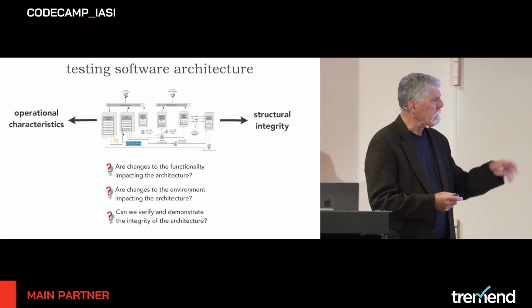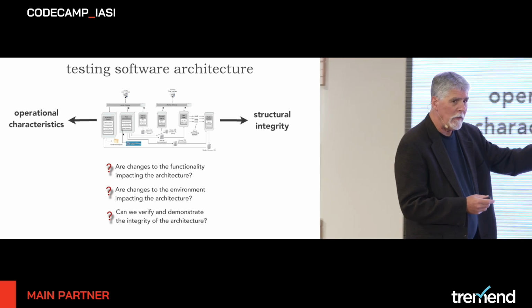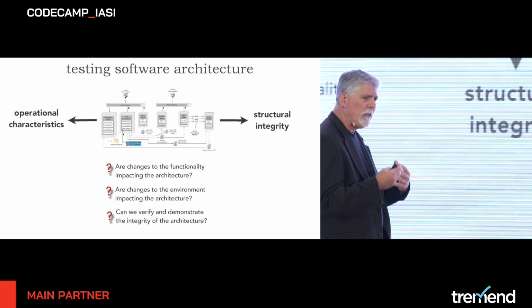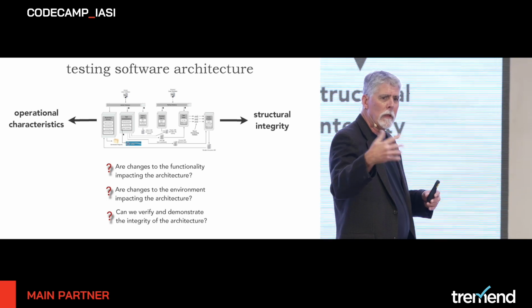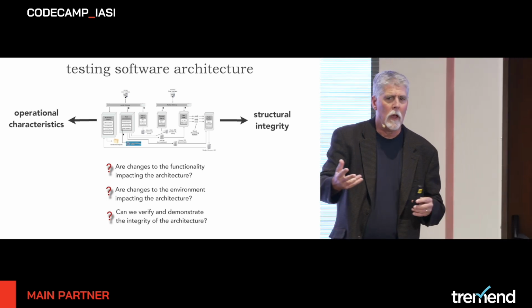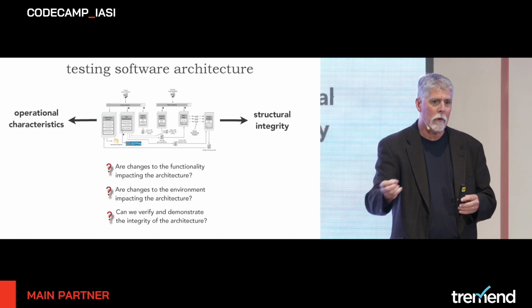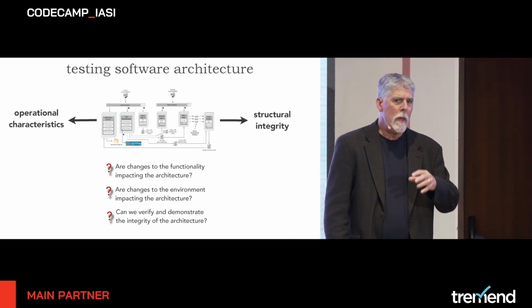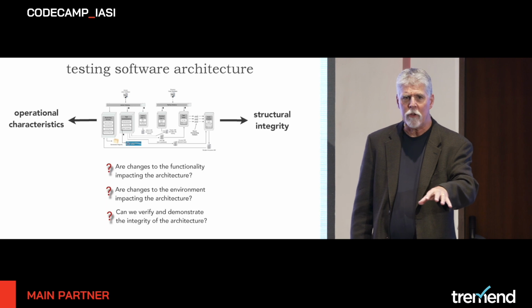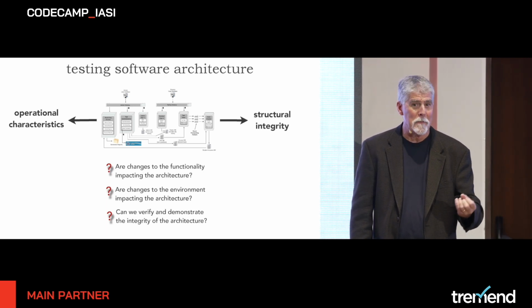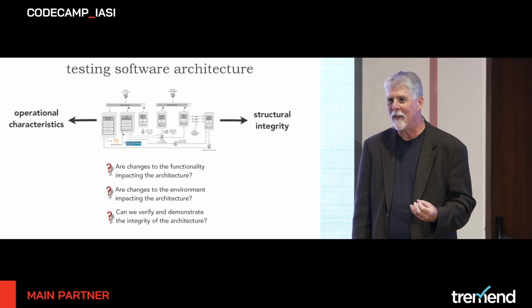First of all, based on either of these two types of tests, which we'll see how to run: are the changes to the functionality that we're continually making in our application impacting the structural integrity of our architecture? Maybe we're not making a lot of functional changes, but maybe there are changes to the environment happening.